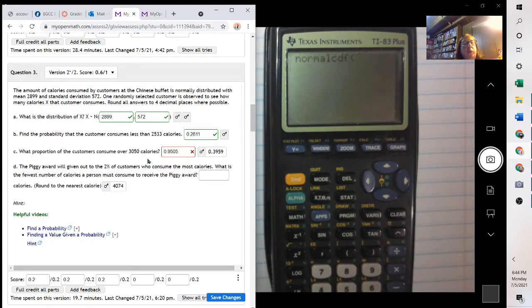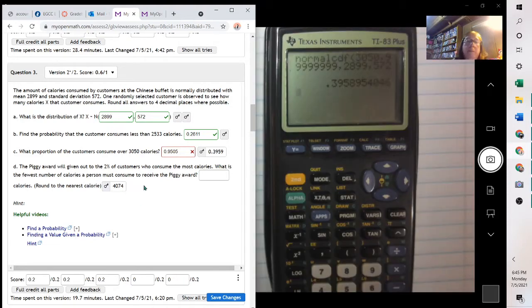We want more than 3,050, so that's our lower value. And then a really large number. The mean, 2899, that comes from part A, comma, 572. And it gives you the 0.3959.